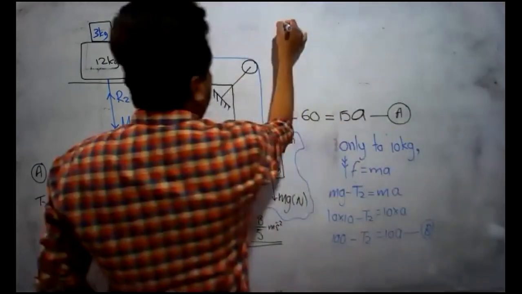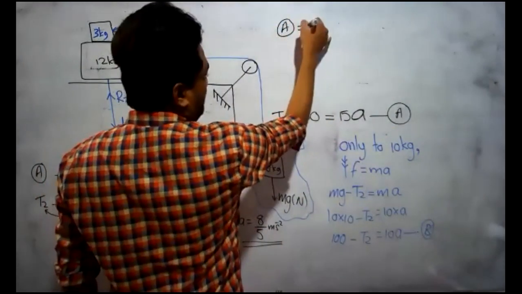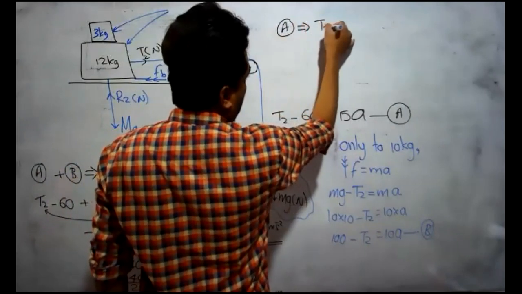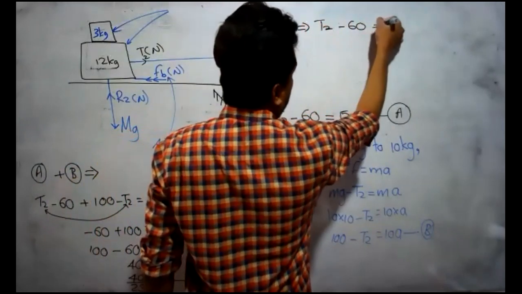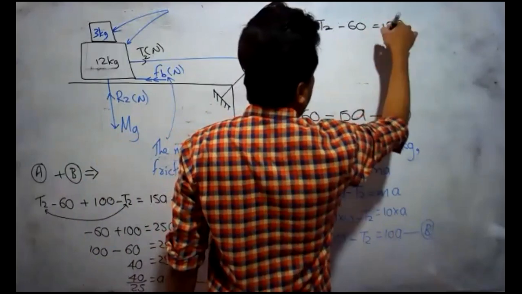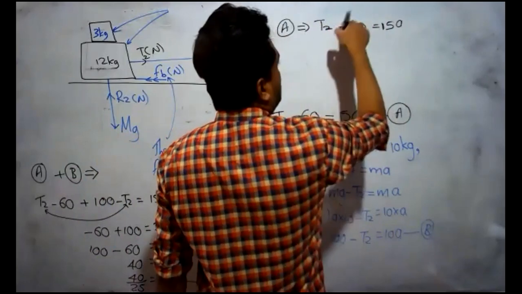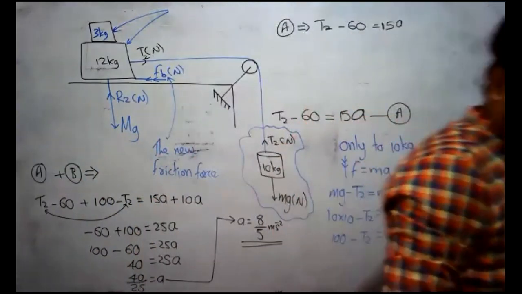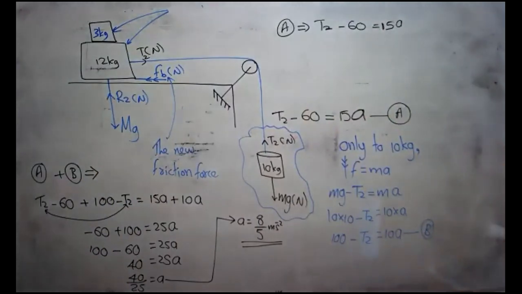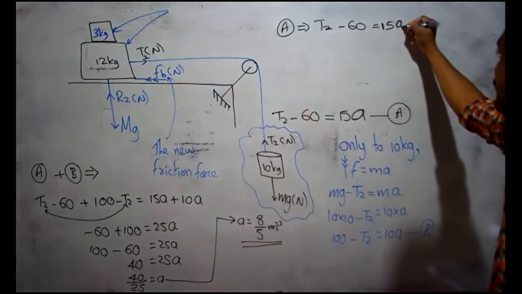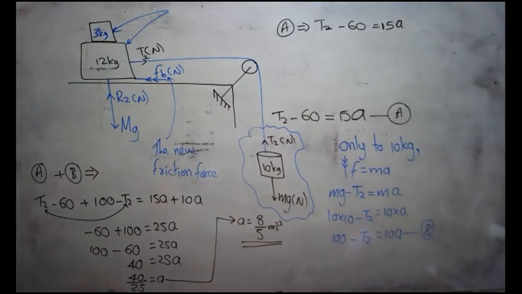Capital A equation tells us T2 minus 60 equals 15A. Can you do the rest and find T2, dear? Give a try.